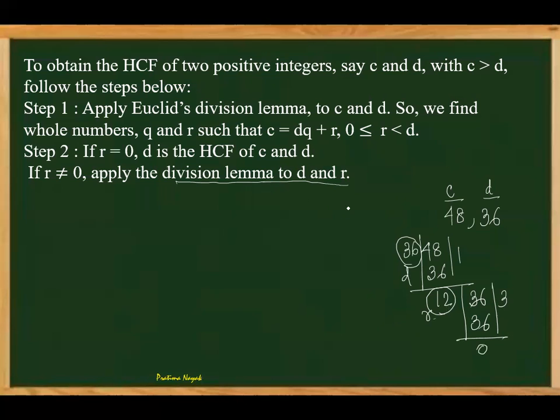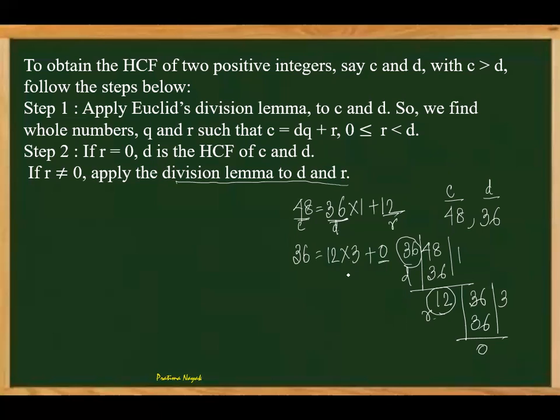So how to write this one? I'm writing 48 is equal to 36 multiplied by 1 plus 12. So this is my D, this is small c, this is small d, this is your R. Then I'll apply the division lemma. What is it? 36 is equal to 12 multiplied by 3 plus 0.